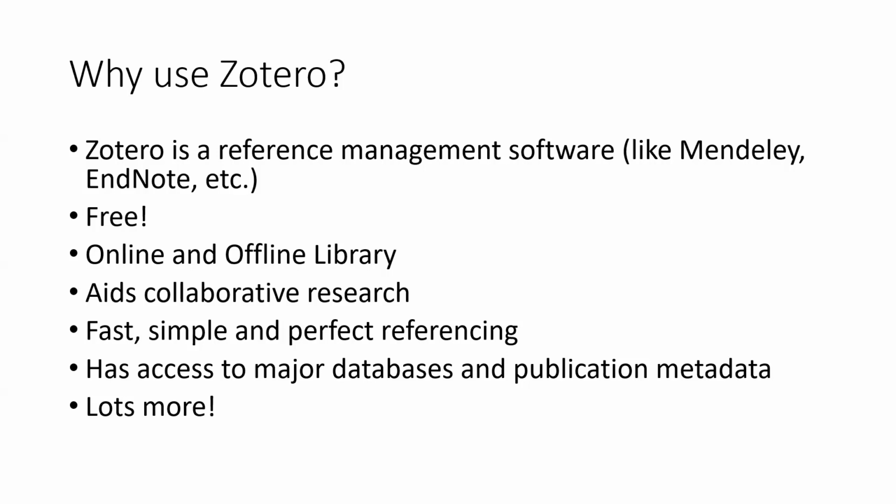So because it is possible to have an online library, it makes collaborative research easier. It means that members of a research team can have a common library. They can put all their documents together in one library to which all of them have access.